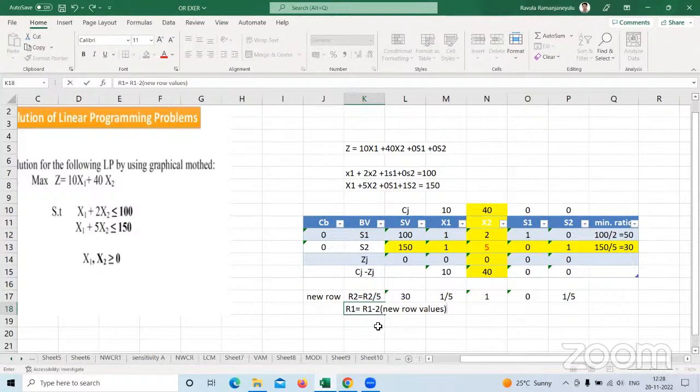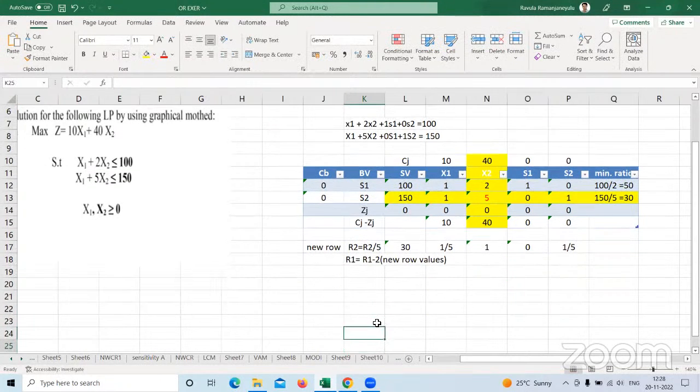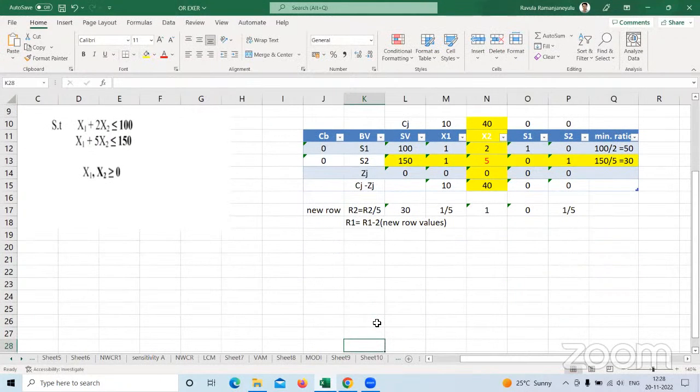First, we'll take the first row old values and see how to calculate. You can see here, the old value of row 1 is 100.